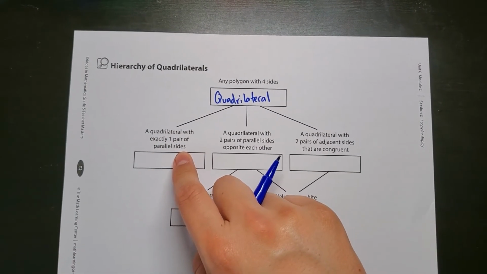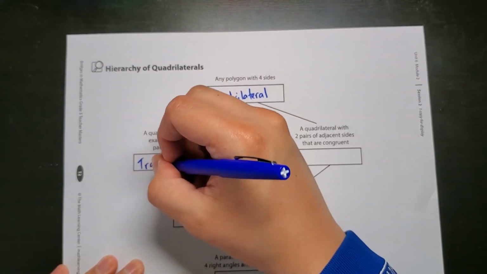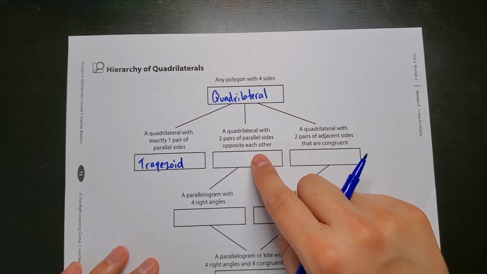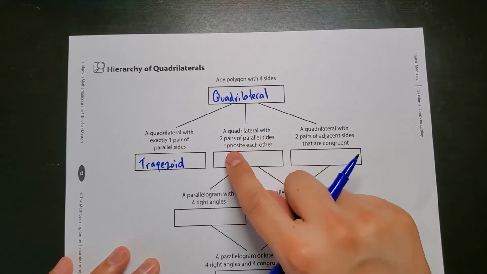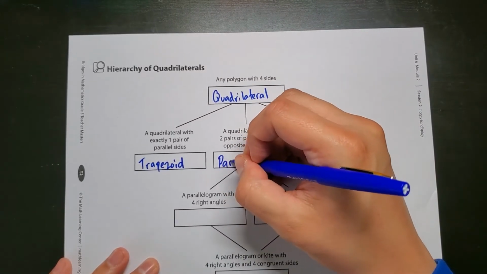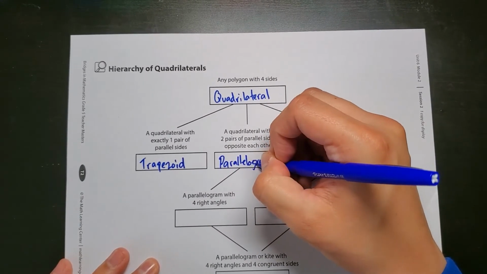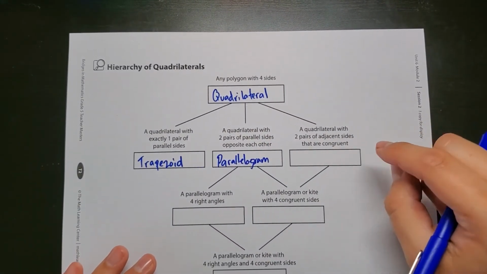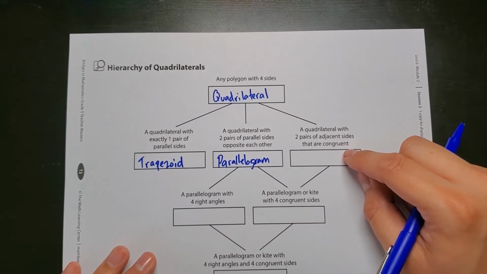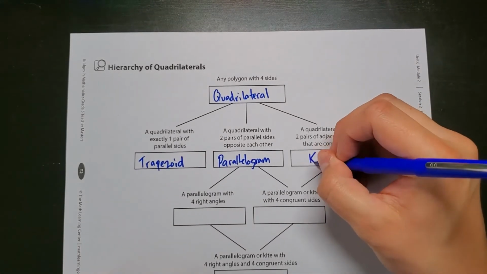That would be a trapezoid. A quadrilateral with 2 pairs of parallel sides opposite each other is called a parallelogram. A quadrilateral with 2 pairs of adjacent sides that are congruent, and congruent means that they are the same length, is a kite.